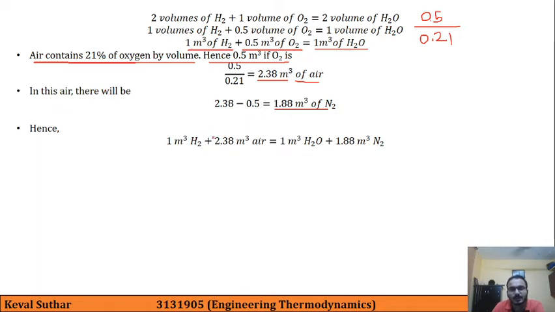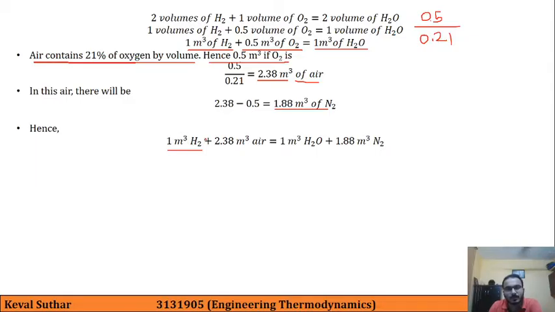Hence the equation can be rewritten in this way: 1 meter cube of hydrogen combines with 2.38 meter cube of air to give us 1 meter cube of water vapour plus 1.88 meter cube of nitrogen.